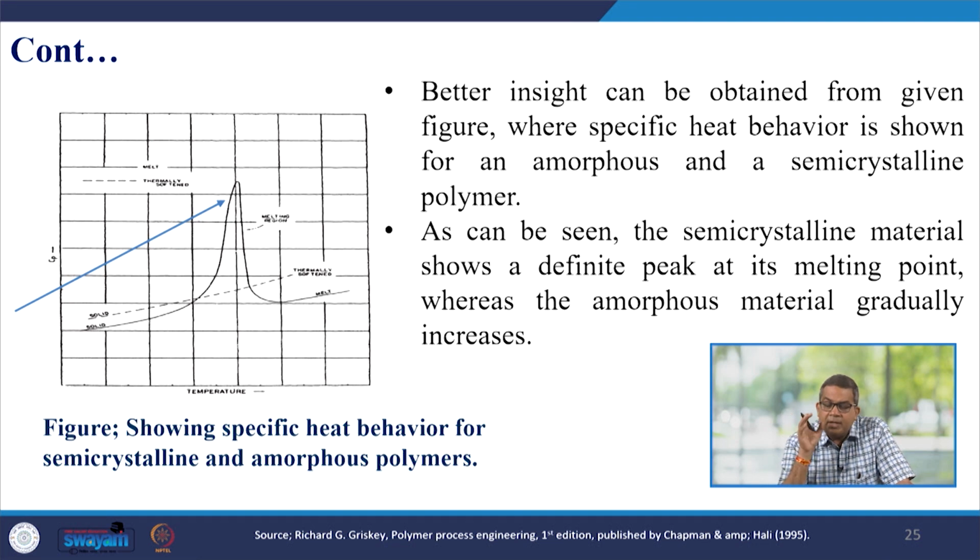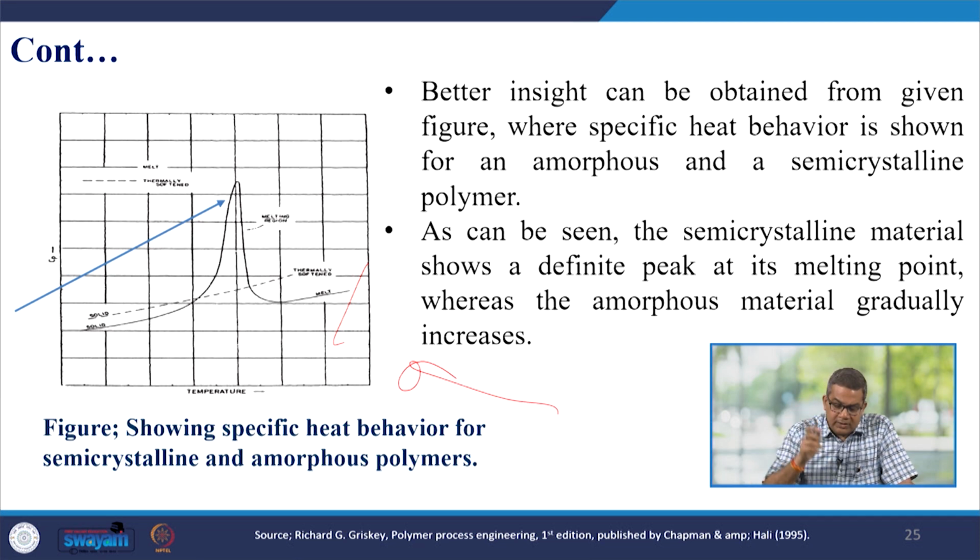So, again we are going to discuss the temperature behavior of these semi-crystalline and amorphous polymers. A better insight can be obtained from this particular figure, where the specific heat behavior for an amorphous or crystalline polymer is given.